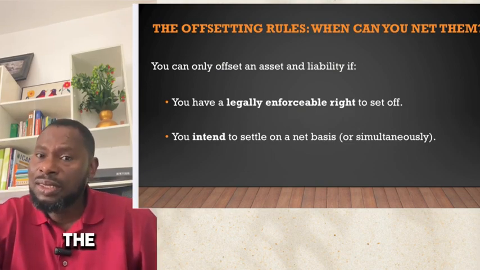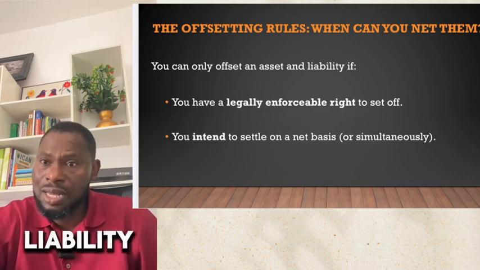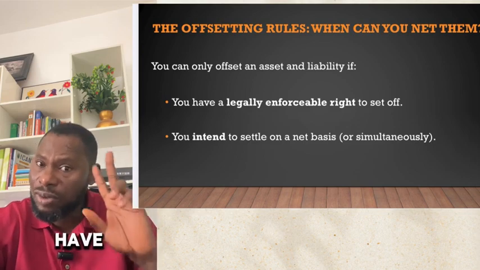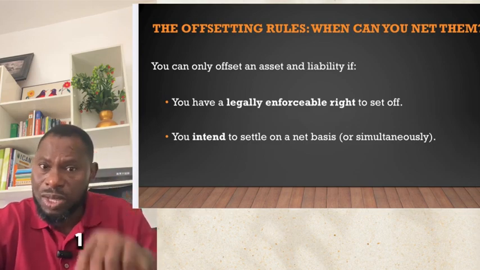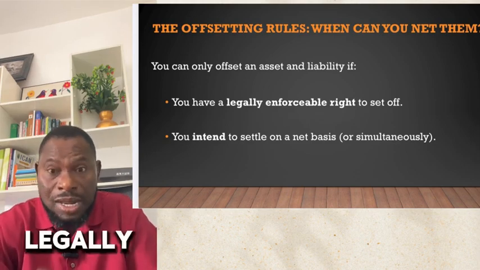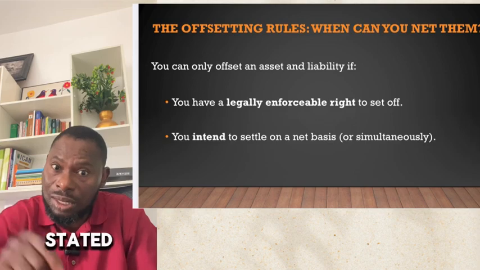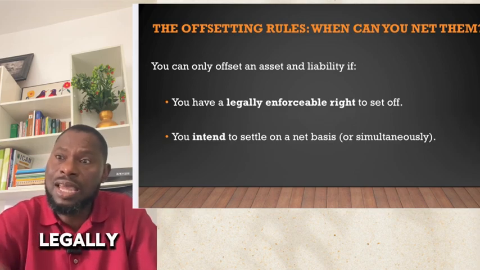So the standard does not encourage offsetting, but you can offset an asset and liability if you meet these two conditions. One, you have a legally enforceable right to set off. Legally enforceable means by law, there's a contract. It is stated in the contract that you have a legally enforceable right.